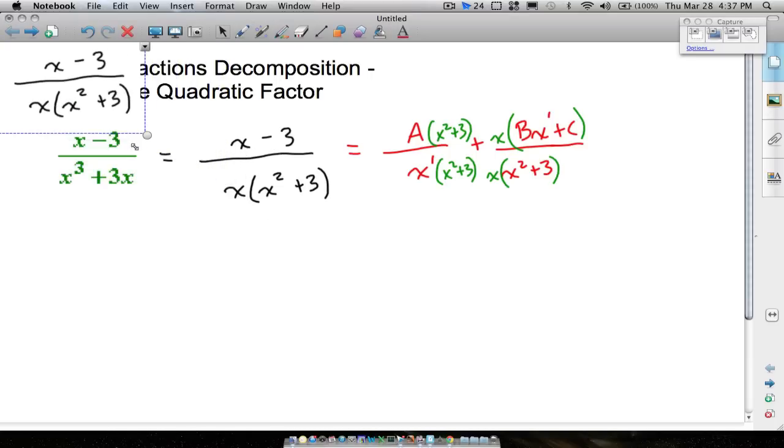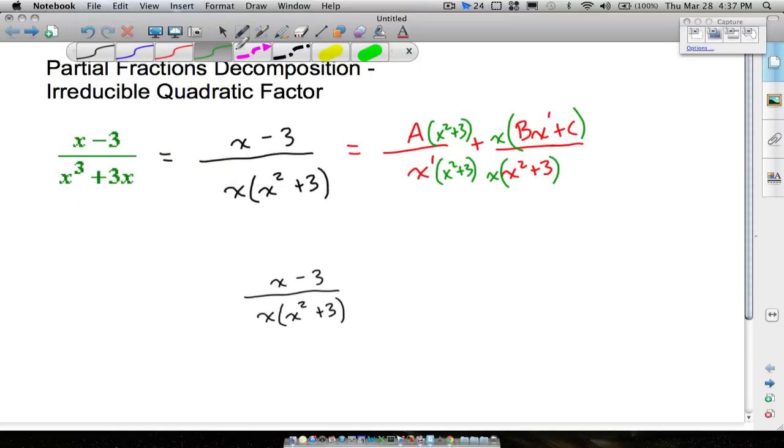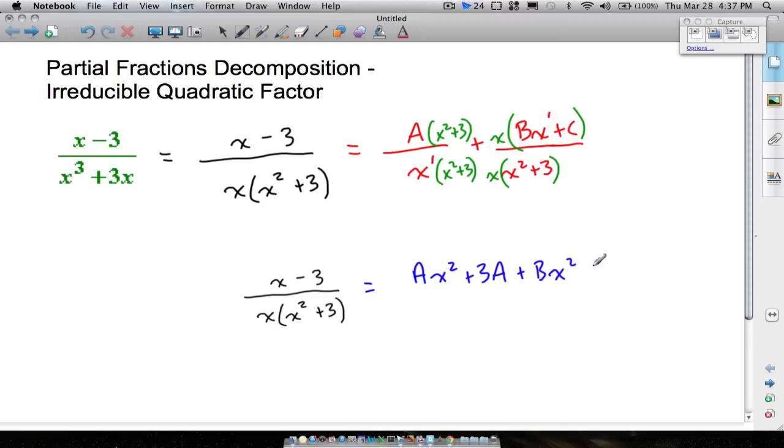When we clean this up, distributing the a, we have ax squared plus 3a. Then we have plus bx squared plus cx. I'm just doing some distributive property. And we can now write this as one fraction because notice our 2 denominators are common. So we have x times x squared plus 3.